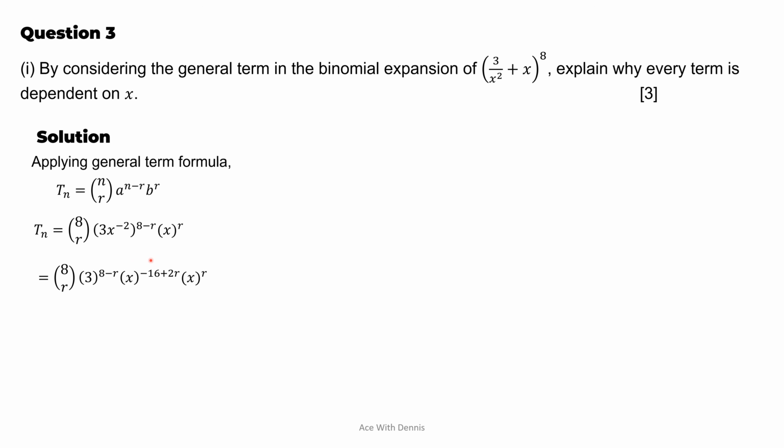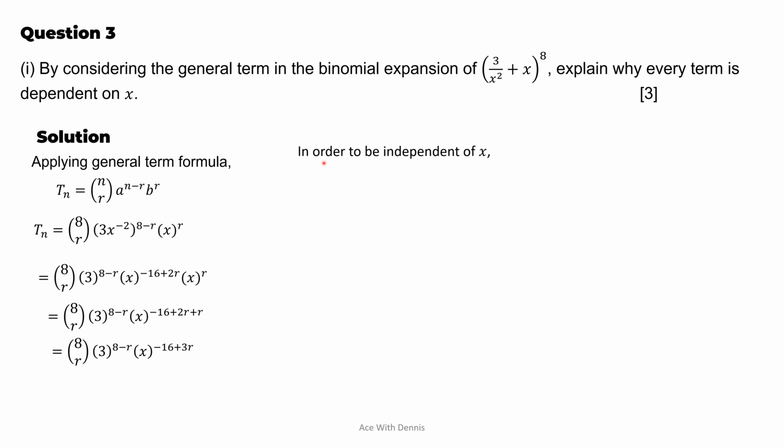We can combine these together, which is 8 choose r times 3 to the power 8 minus r, x to the power -16 plus 2r plus r, and it becomes 8 choose r times 3 to the power 8 minus r, x to the power -16 plus 3r. Okay, so we have obtained the general term for this expansion.